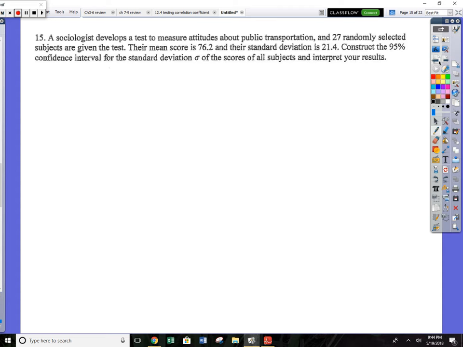Their standard deviation is 21.4. Man, I don't know, it's the same as 14 and 13. So, carry on, t-test.